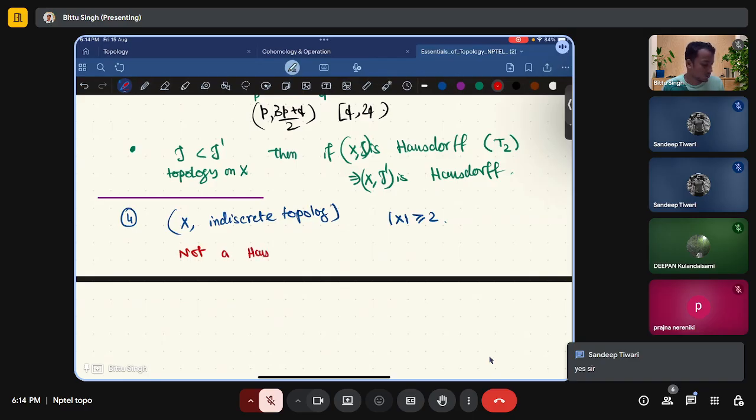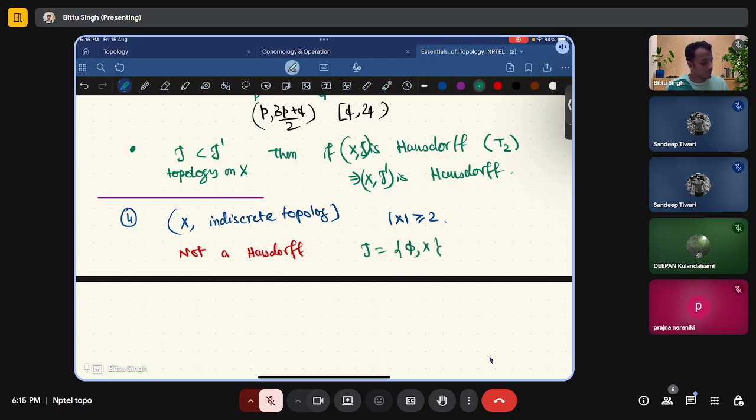Yes, we can see, because the topology is just the empty set and X. So if it has more than one point, suppose A and B are two points in X, then the only open set which contains A and B is X, but X intersection X is non-empty, right?